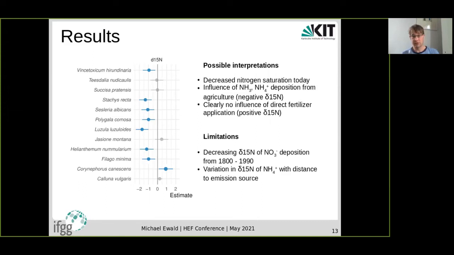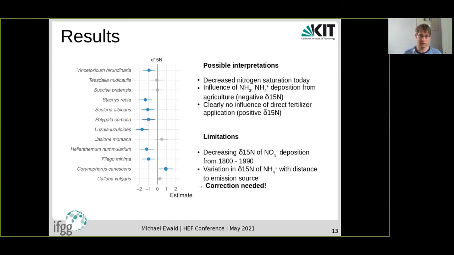For example, we have a strong decrease of delta 15N in the nitrate depositions in the time period between 1800 and 1990. And the delta 15N of ammonium is strongly varying with the distance from the emission source, so, for example, with the distance to a farm.